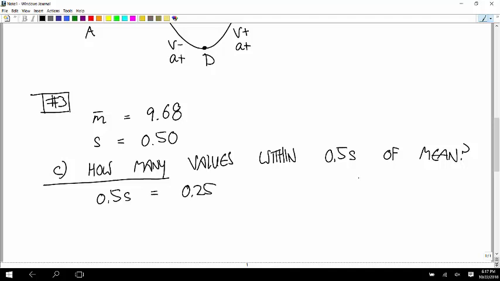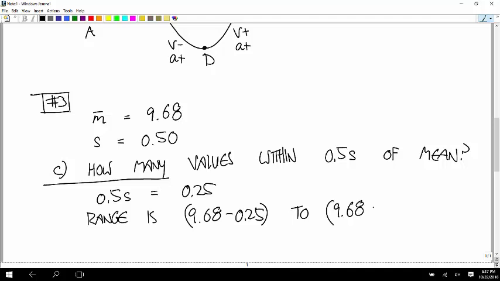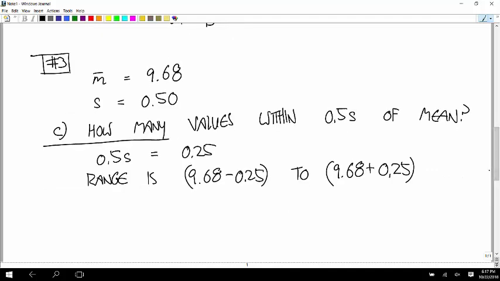And so the range is 9.68 minus 0.25 to 9.68 plus 0.25. And so this is 9.43, and this one is 9.93.